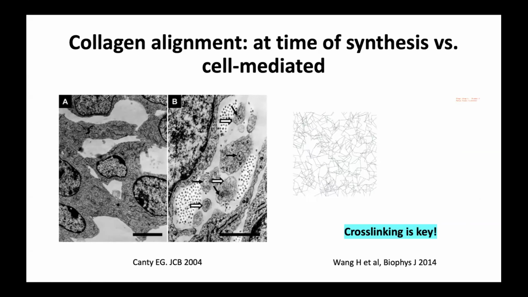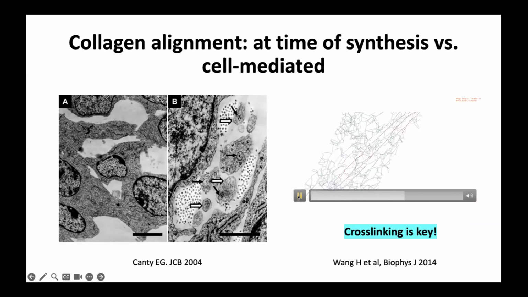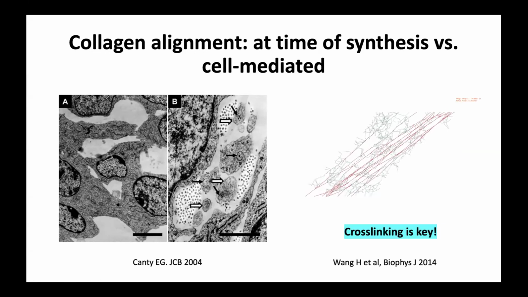The key thing is that this network must be cross-linked. And what happens is if you pull on the edges of it, on the ends of it, you can see that collagen will align. A number of these fibers are going to align. As an example, think about if you took chicken wire in your garden and you pulled on it.